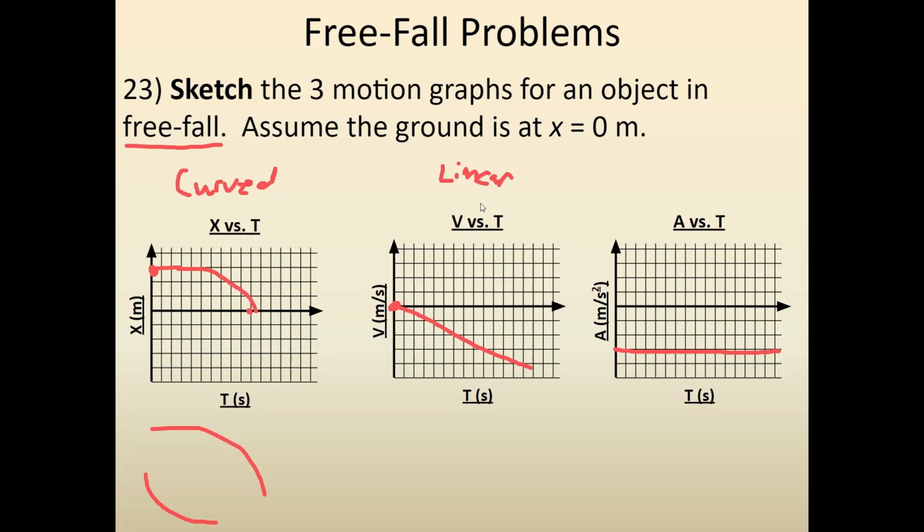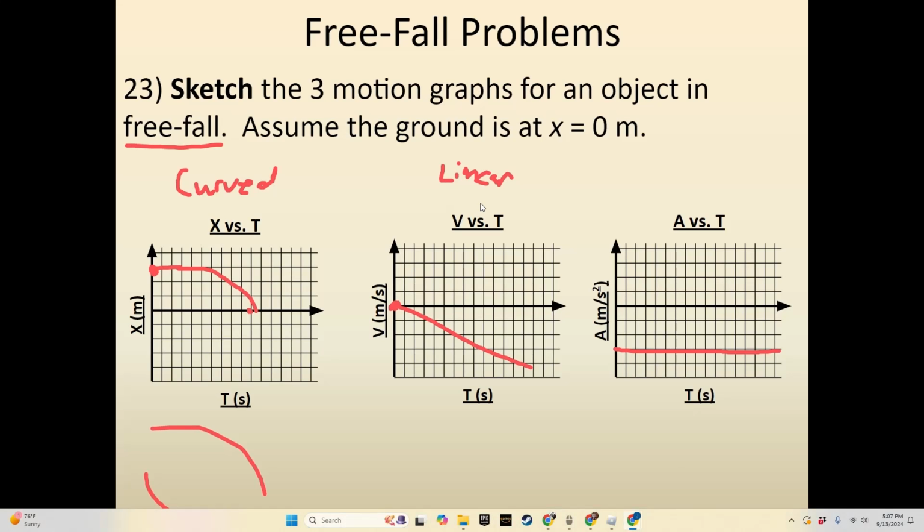Try to identify what the initial point is, what the final point is, and where any zeros are. And then worry about how those points are connected. Are they connected with a line or a curve? But if you just do that and note where certain starting and final points and 0 points are, a lot of times you might find that you end up getting the majority of the points right even if you connect the points incorrectly.